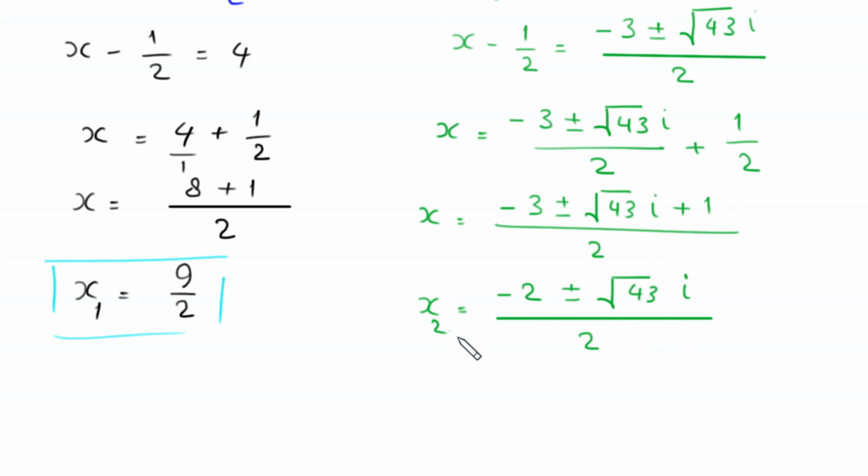This is the second and third value of x. So we have three solutions of this equation.